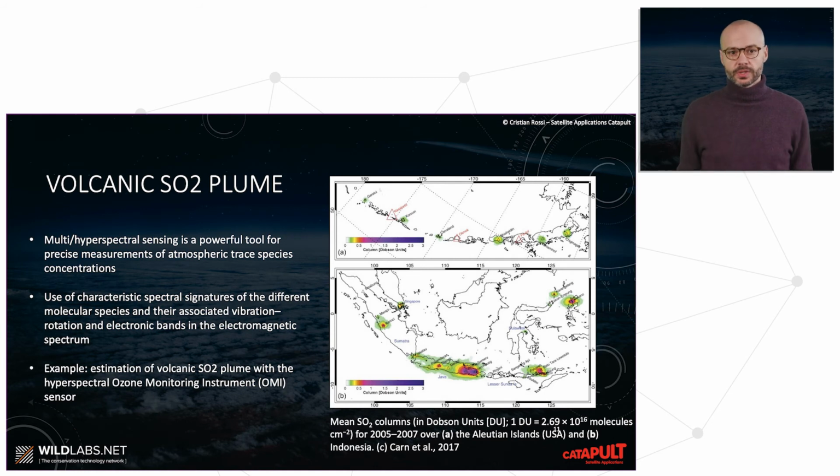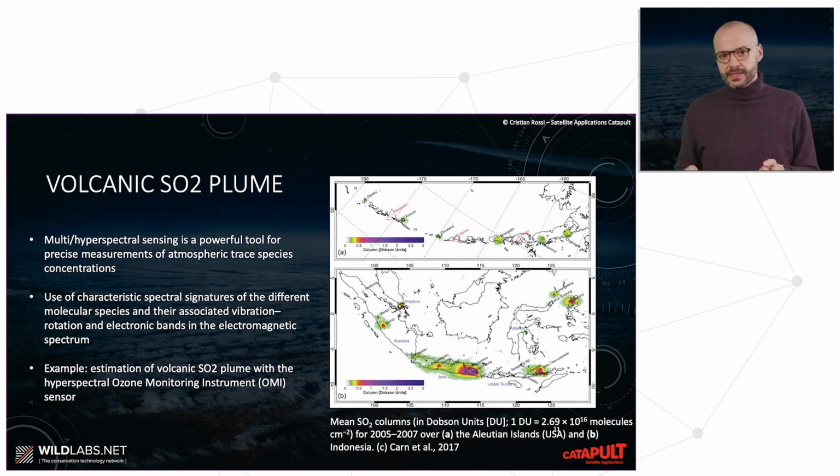Another application, quite popular, is in the earth science. So, for example, looking at volcanic SO2 plumes. So this is again looking at the atmospheric part of our planet, and looking at the signature of SO2, which is quite a unique one.